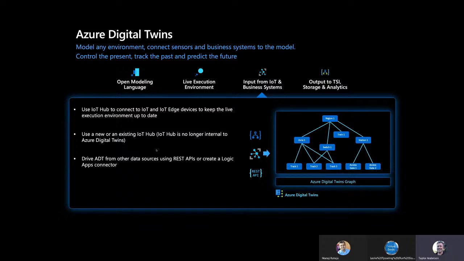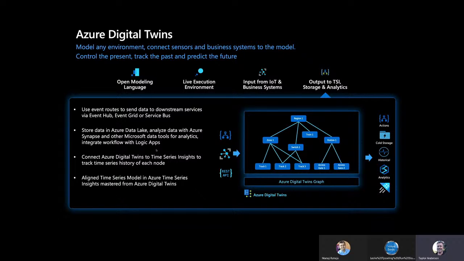And by feeding that data from the real world, then you will keep your graph updated and in sync with the live execution environment. And again, I want to make a point here that Azure Digital Twins is not just about collecting information from real world devices, but also from all kinds of disparate data sources and breaking down those silos. So again, these could be more enterprise business applications that can also be used to feed data APIs.